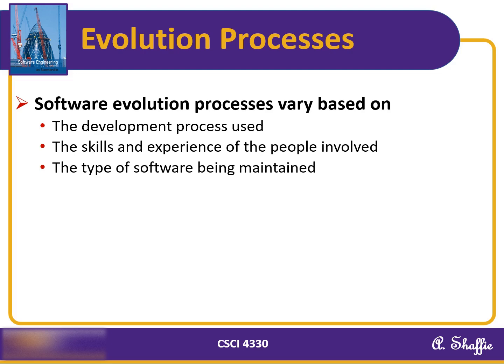For example, the evolution of mobile applications is often informal, with quick updates driven by direct interactions between developers and users. On the other hand, critical embedded systems, such as those in medical devices or aircraft, require a more formal and structured evolution process with detailed documentation and approvals at every stage.